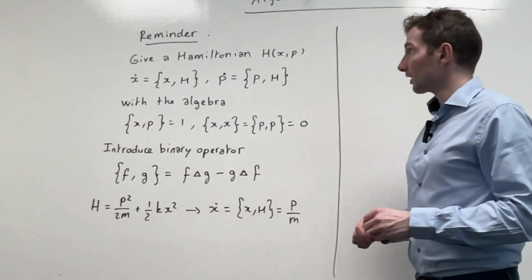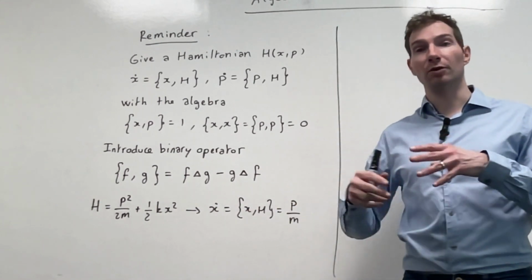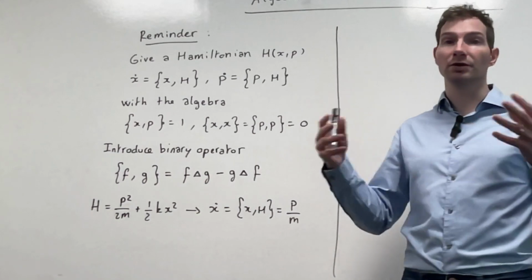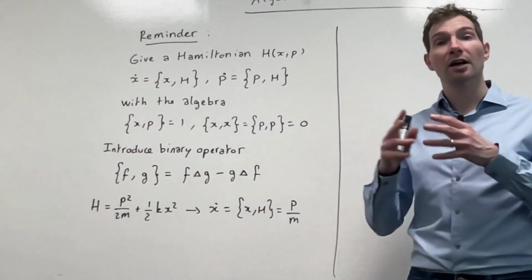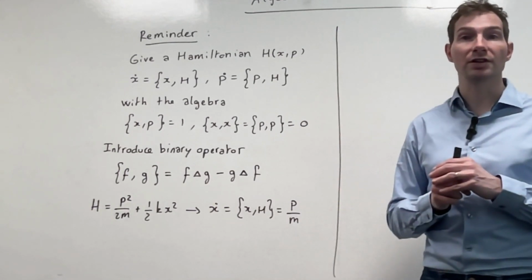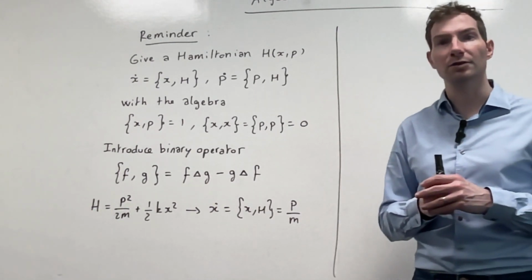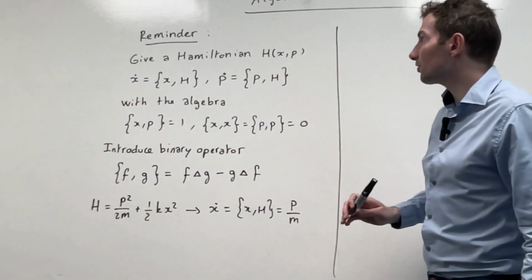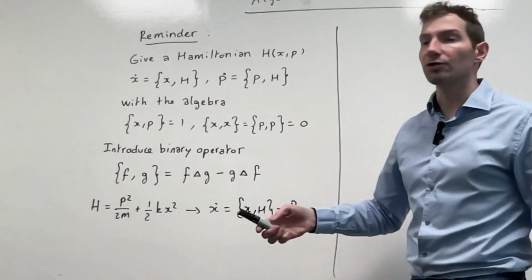Just for simplicity, I'm using x and p here, but of course you could do that with generalized coordinates q and p, and also with an arbitrary number of coordinates. But here, this is to put things much more simply, and so that the video is not too long and cumbersome. So if you've got this Hamiltonian, then from an algebraic perspective, the equations of motion look like this.